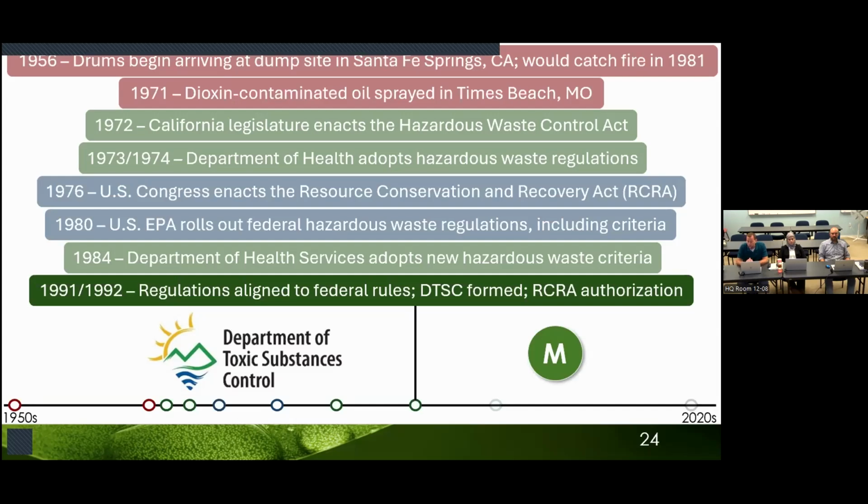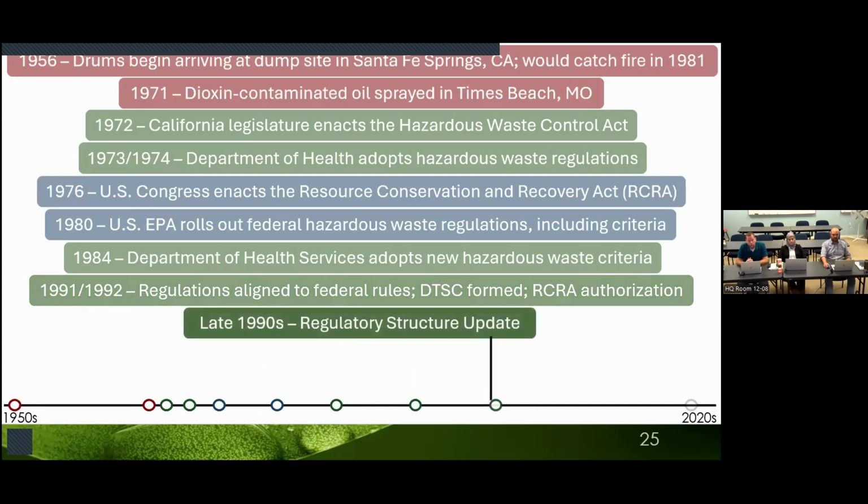The most significant of these was in the late 1990s when DTSC undertook a project called the Regulatory Structure Update, or RSU. One result of that review was a proposal for major changes to the criteria for the characteristic of toxicity, which, as I've mentioned, is the part of our standards that has the most non-RCRA criteria.